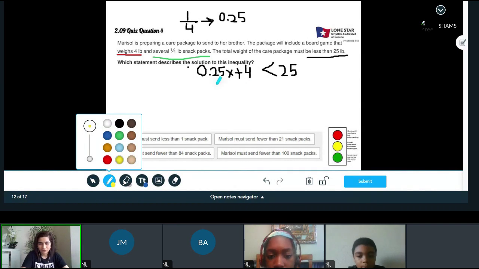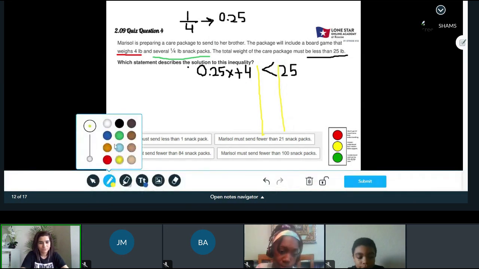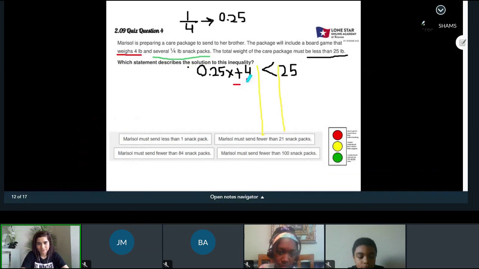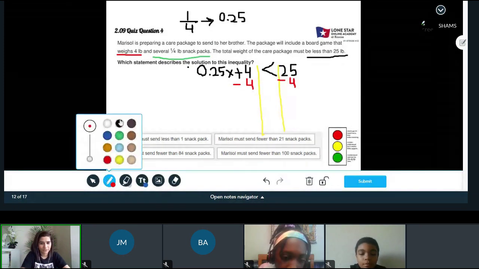Okay, so if you are solving, you get rid of the constant first. In this question, the constant is plus 4. To get rid of that, you will subtract 4 from both sides. After subtracting the 4 from both sides, let's see how the inequality looks.